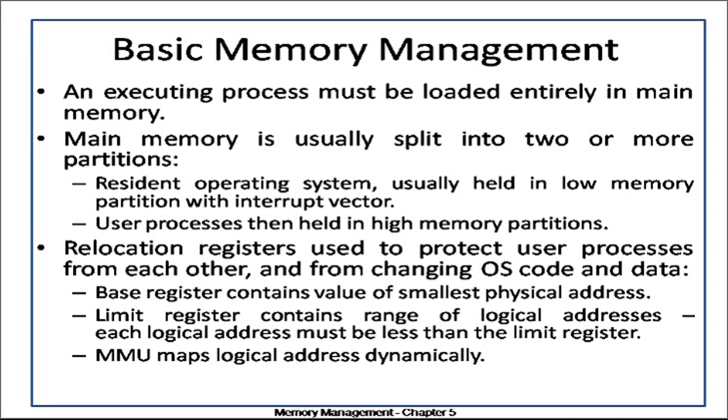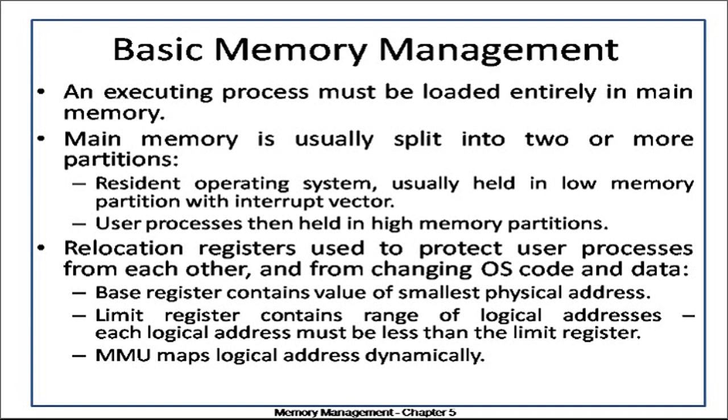The operating system can be placed in lower memory partitions with the interrupt vector. Usually, we want several user processes to reside in memory at the same time. Therefore, we need to consider how to allocate available memory to the processes that are waiting in a queue.